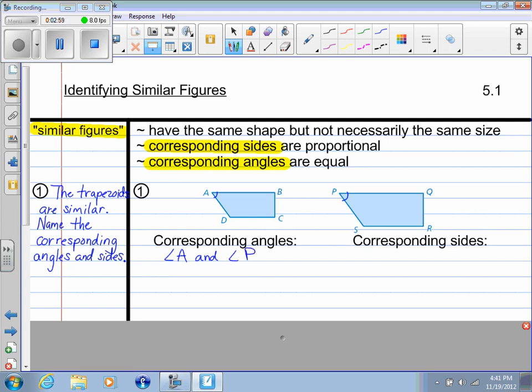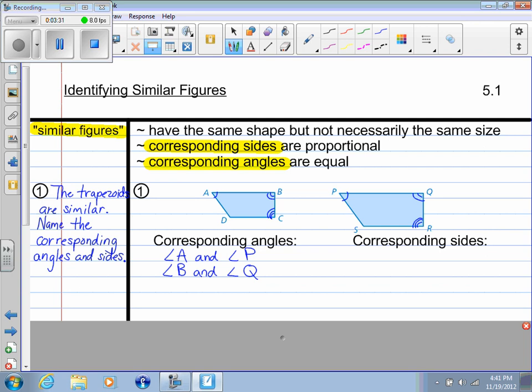Then I'm going to look next at angle B. I'm going to mark that with 2 lines so I can tell that's a different angle. And I can see that it corresponds or matches with angle Q. So I can write down that angle B and angle Q are corresponding angles. I'm going to continue around the trapezoid, and the next one is angle C. I'm going to mark that with 3 little arcs. 1, 2, 3.